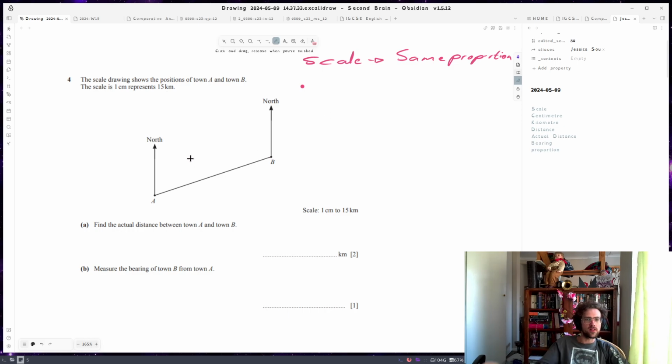So we've got 1 centimeter represents 15 kilometers. Okay, so let's explore that. 1 centimeter. How many meters is in 1 centimeter? No, how many meters? Just a normal 1 centimeter. I'm not talking about the scale.